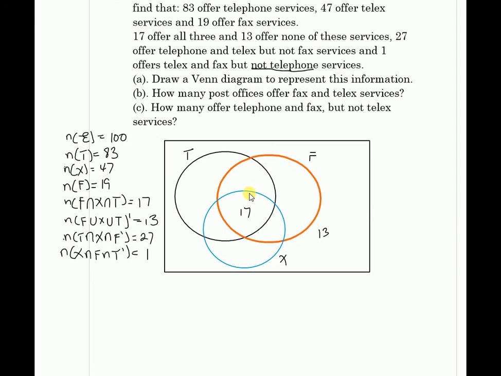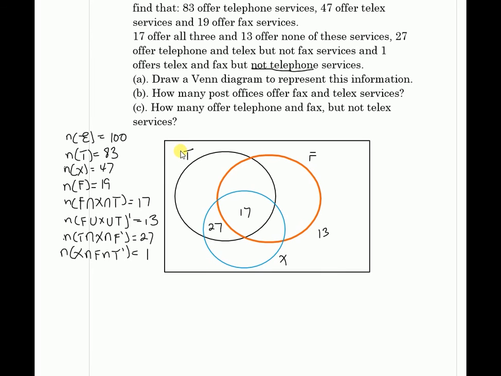Then in the intersection of T intersection X intersection F complement, there is this 27. We shall put it there. Why?